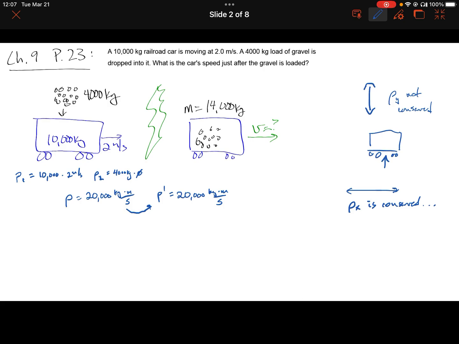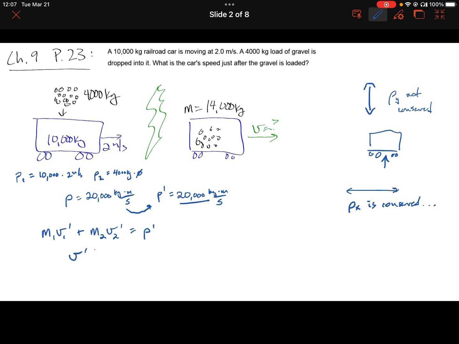After the collision, the mass of the cart times its velocity plus the mass of the gravel times its velocity should equal our total momentum, which we know is 20,000 kilogram meters per second. What we're trying to find is the velocity. Both of these objects are going to have the same velocity, so we can factor that out.